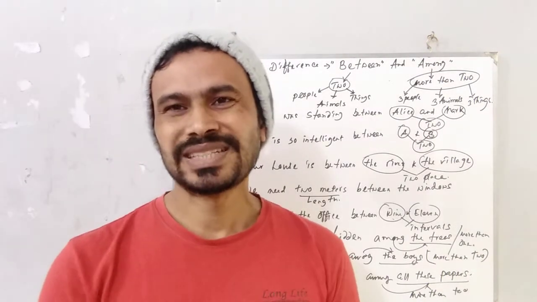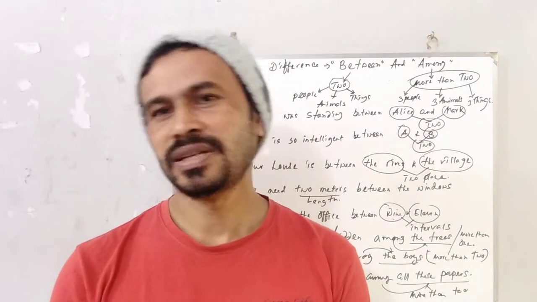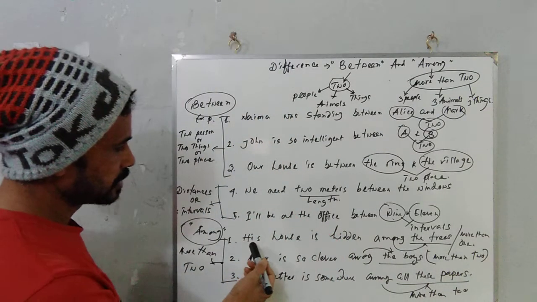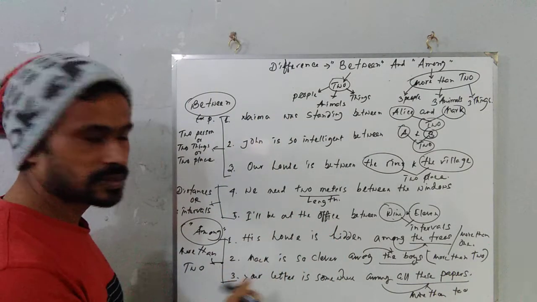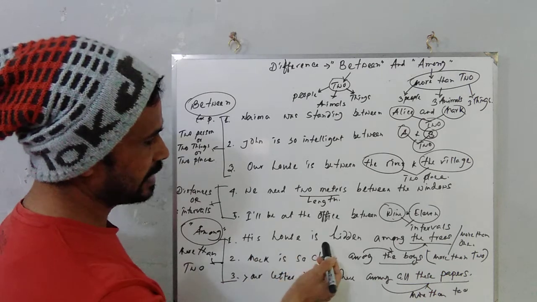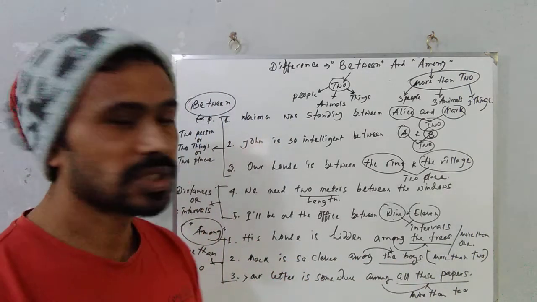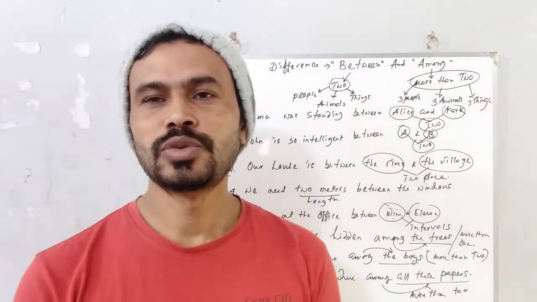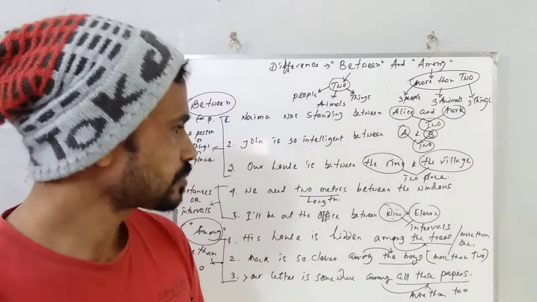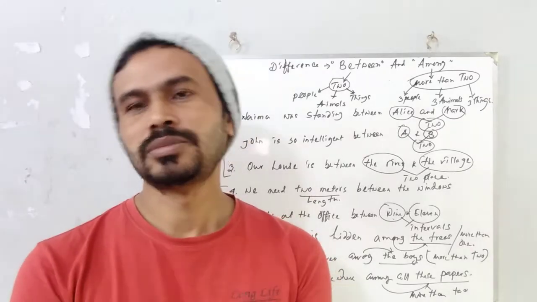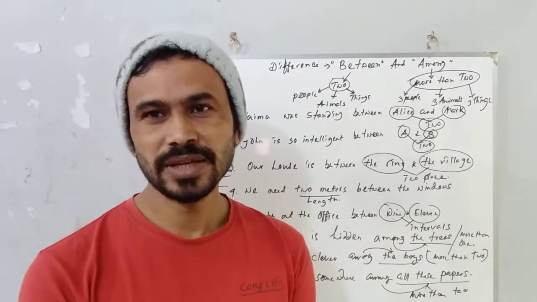Let's see some sentences. His house is hidden among the trees. Among the trees means more than 2 trees.